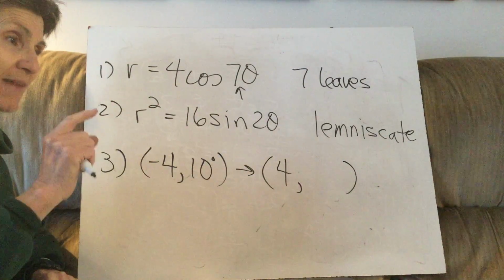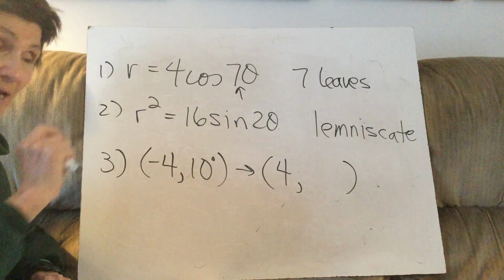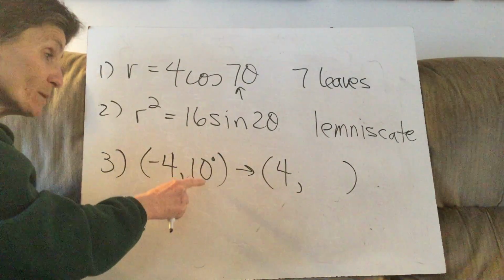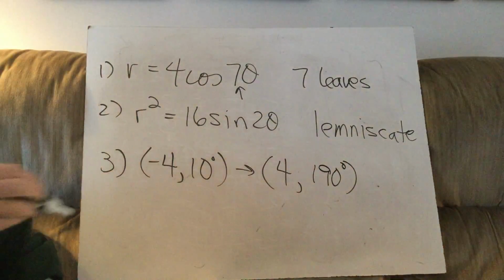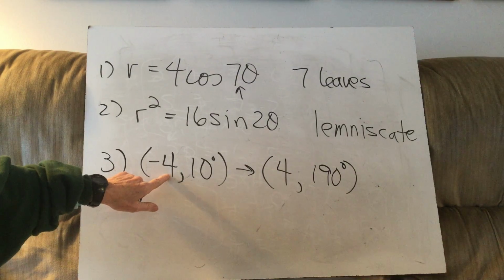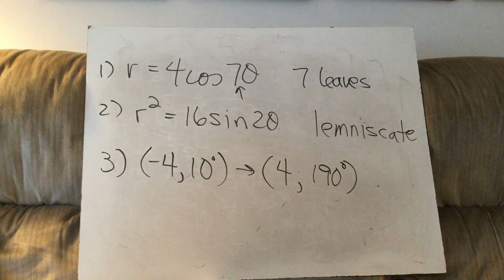So what we mean by that is, if you were going north, you'd be going south. The opposite. So it's 180 degrees different. So instead of plotting it at 10 degrees, we'll plot it at 190. Remember, when you change the sign on your r, your angle changes by 180 degrees.